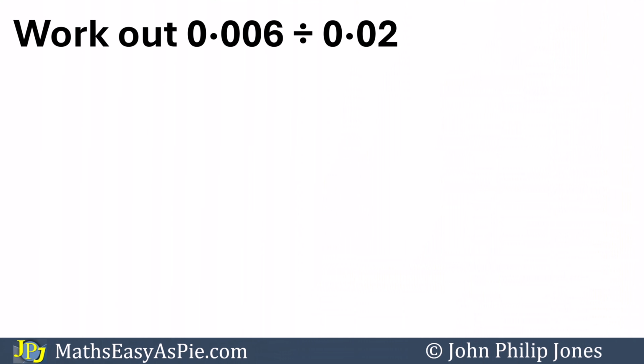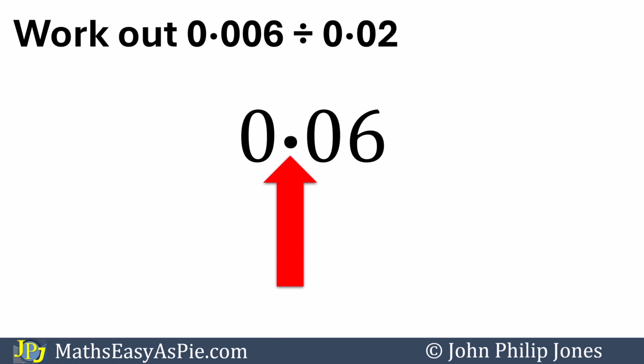Before I give you the answer to working out the division you see here, let's take a look at the decimal point and how we can move it appropriately by multiplying by 10. So if we take this value here, 0.06, you can see the decimal point is in this position.